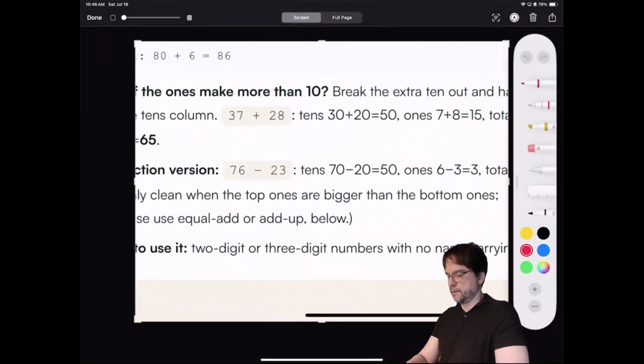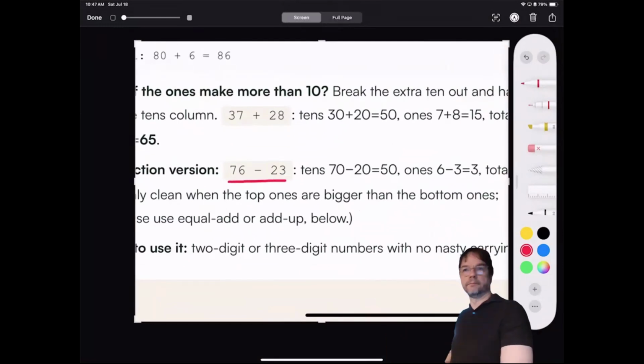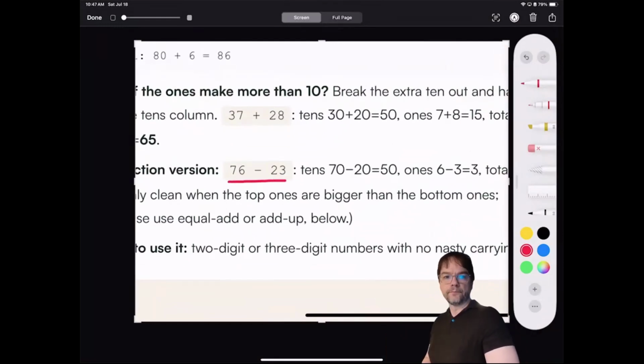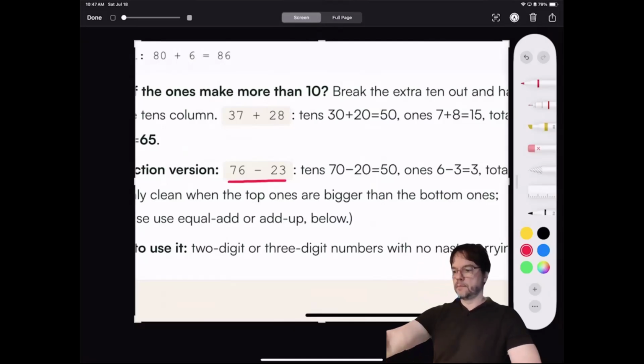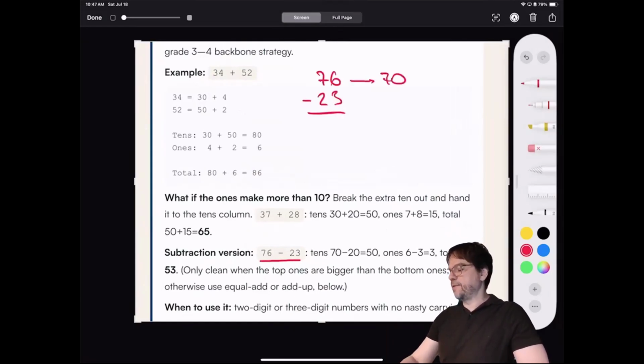Do for me this calculation on the paper. 76 minus 23. Okay, let's do mental math. 76 minus 23. You get 70.